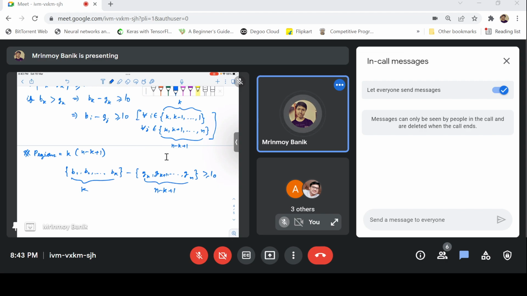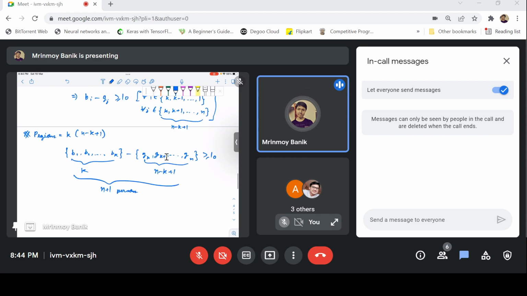If we choose all these boys and girls, we have n plus 1 many persons, and we know that by PHP, in a group of n boys and n girls, picking any n plus 1 of them implies we have picked a pair.